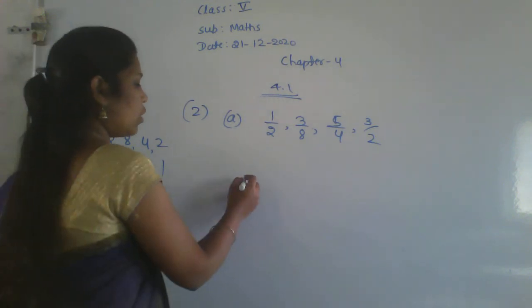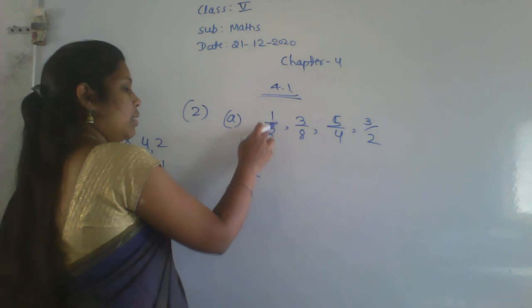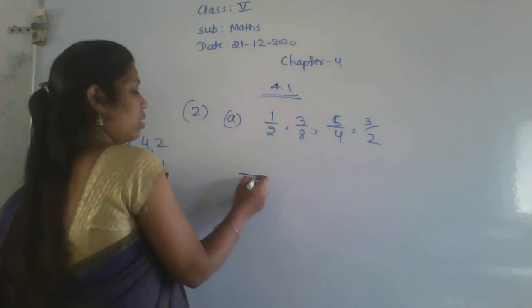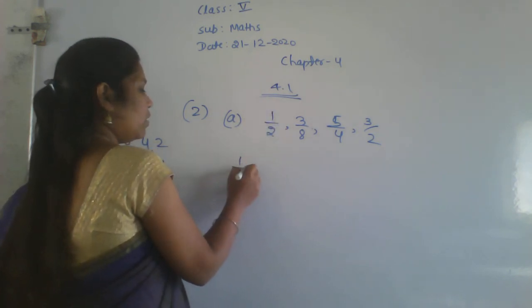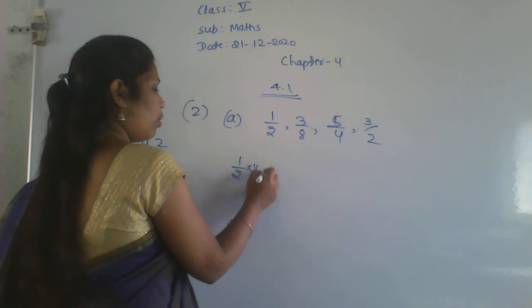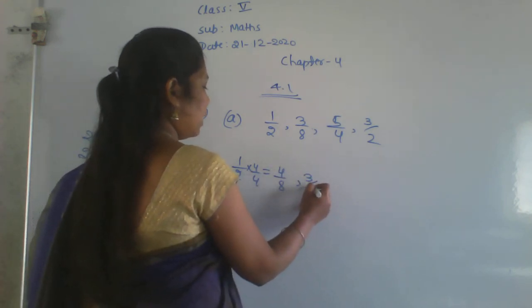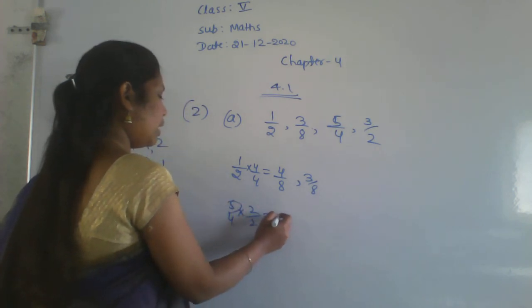So now the denominator is 8, and the numerator means 1 by 2. So multiply this by 4 by 4. That is, we will get 4 by 8 here. And the next number is 3 by 8 only. Okay, next 5 by 4 is multiplied by 2 by 2.